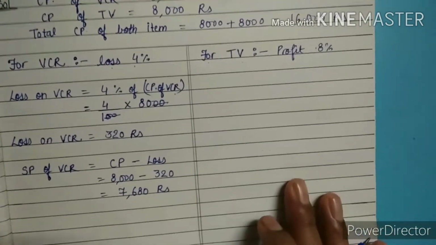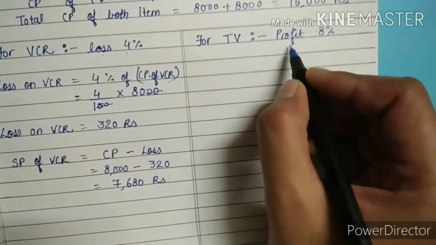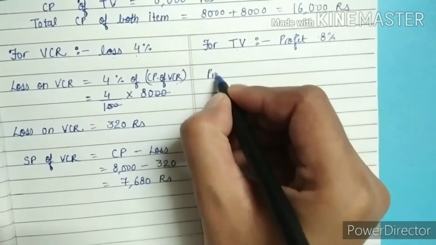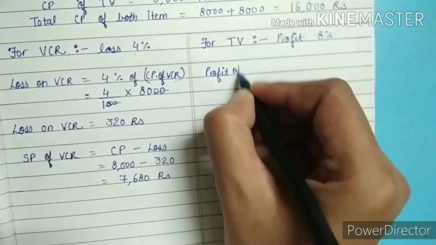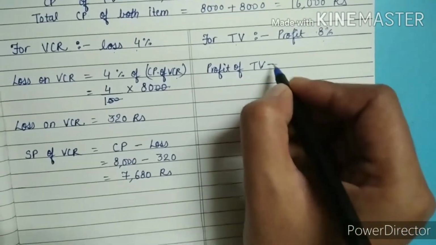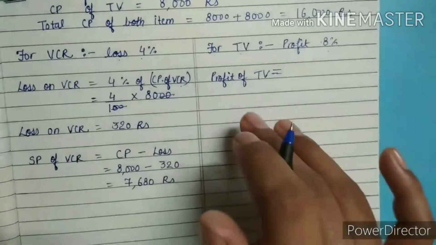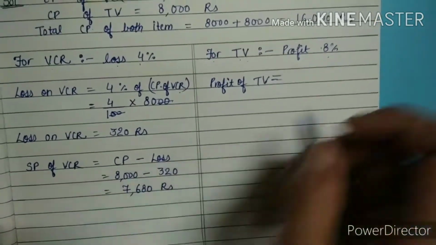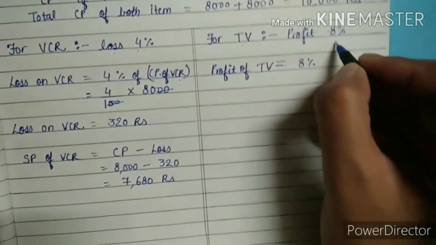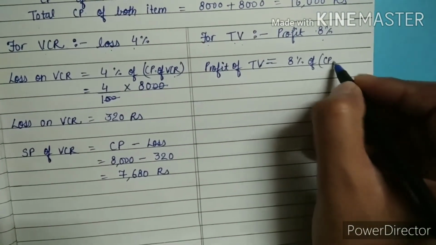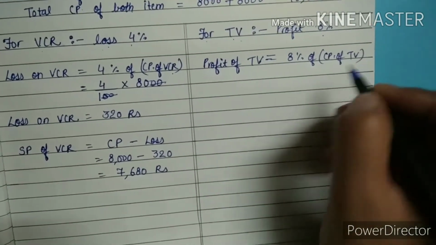One portion is also remaining, that we will do profit on TV, that is 8%. So here profit on TV, same as we did here, but in the place of loss we have to put profit. So 8%, because profit is 8% of the cost price of TV.